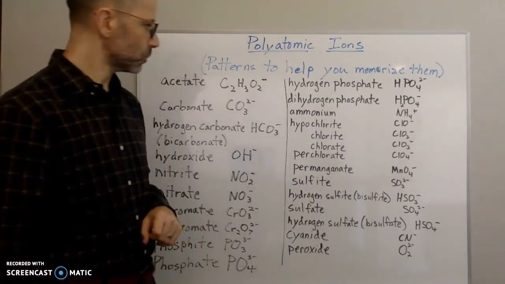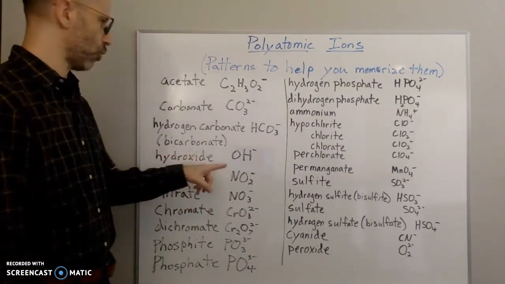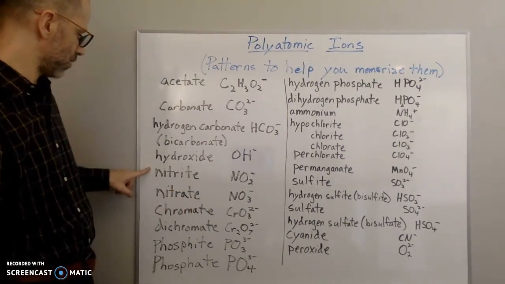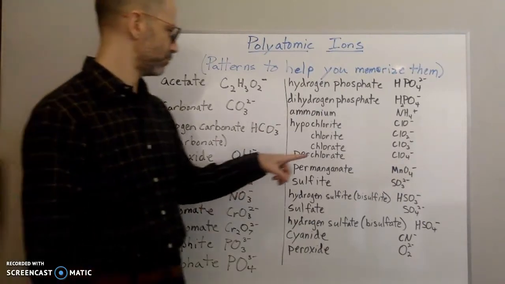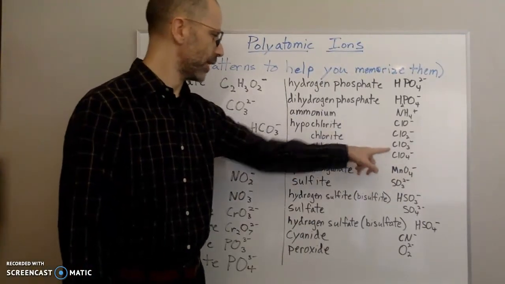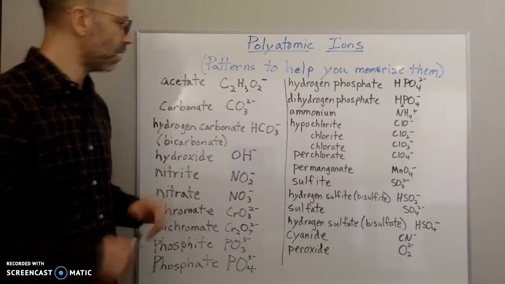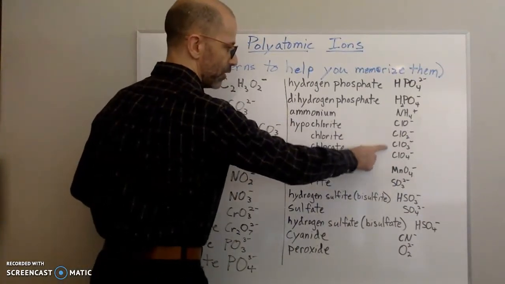Okay, and you can see that these two are pretty much the same formula as NO2, NO3, so nitrite, except instead of having nitrogen, you have chlorine, right? So you can see patterns that will help you remember. However, look, we have 4 of these that are very similar.